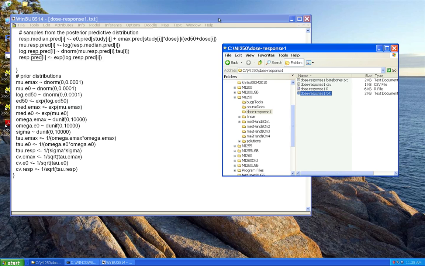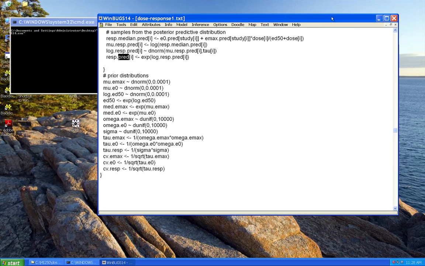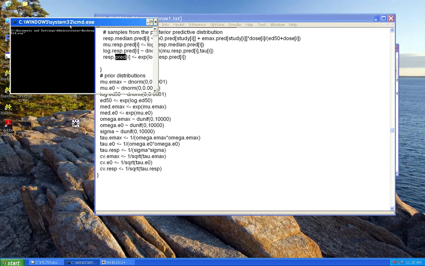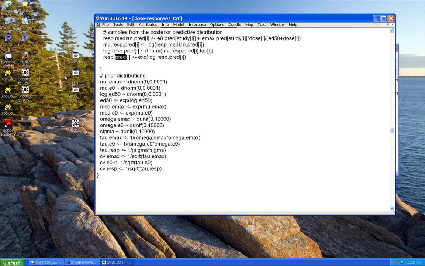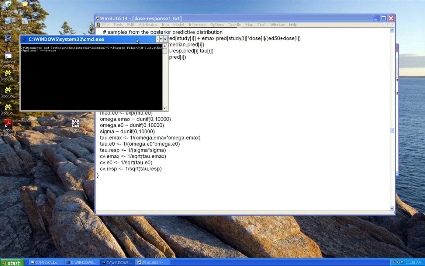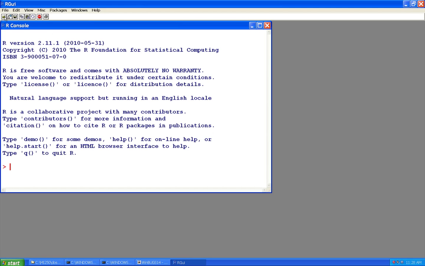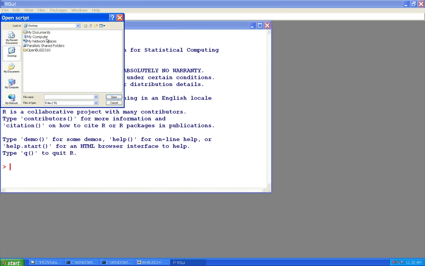Let me go ahead and pull up the corresponding R script for this. Okay, let's open that up. C250 dose response 1.